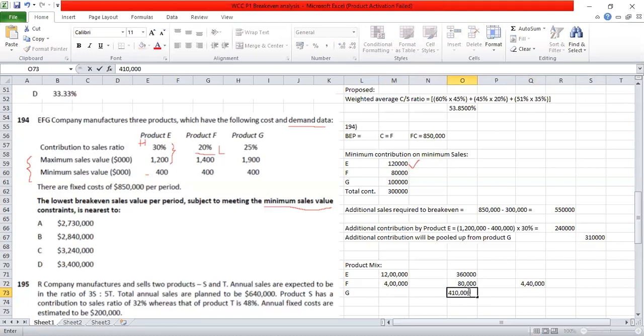So for contributing 410,000, this is contribution. These are sales. Don't worry, I will once again explain. This is contribution.